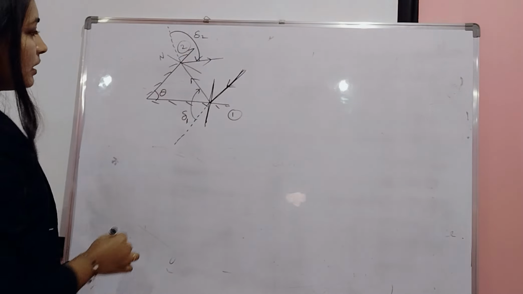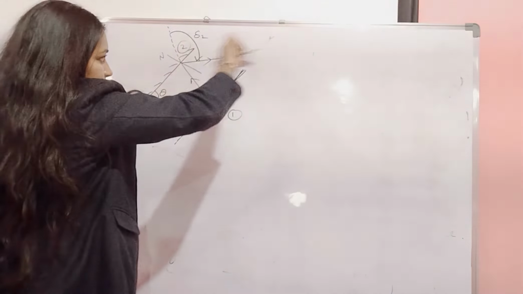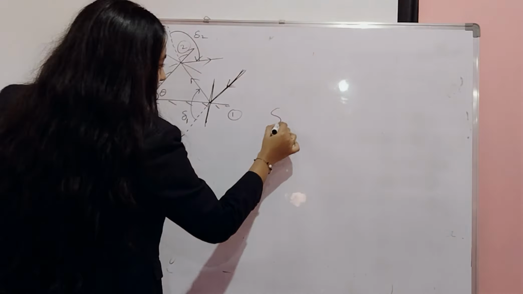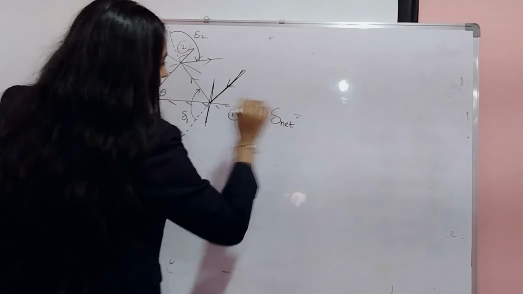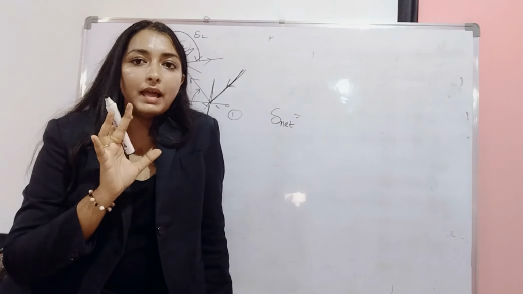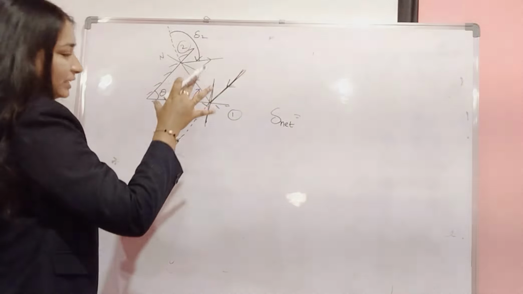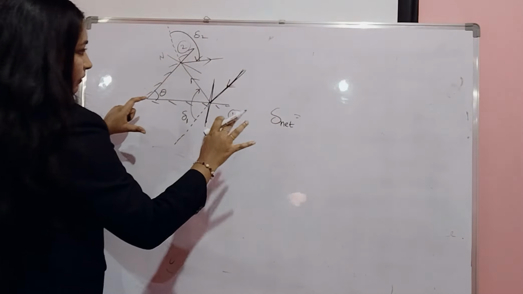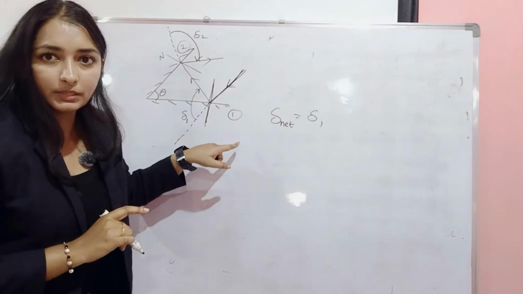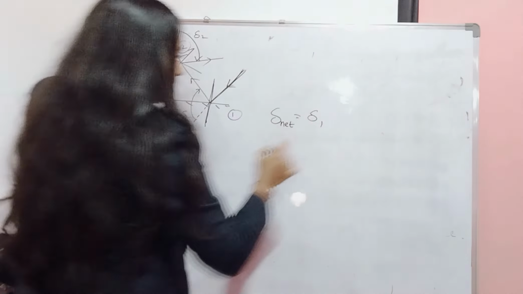Okay, clear? So this is the incident ray, this is the emergent ray. Then what is the total angle of deviation of the system? So delta net, the net angle of deviation, is the sum of angle of deviation by the first mirror plus the angle of deviation of the second mirror.